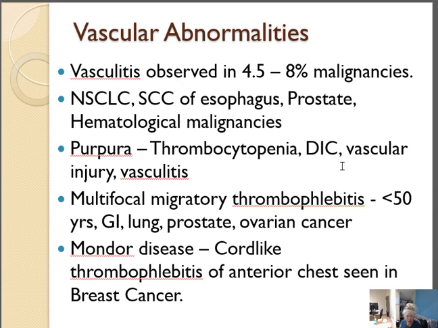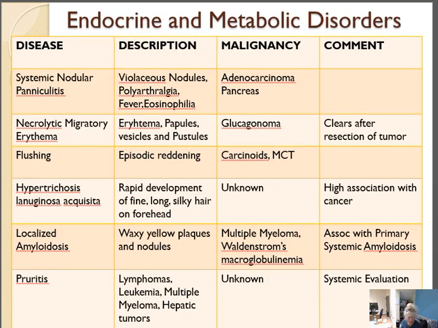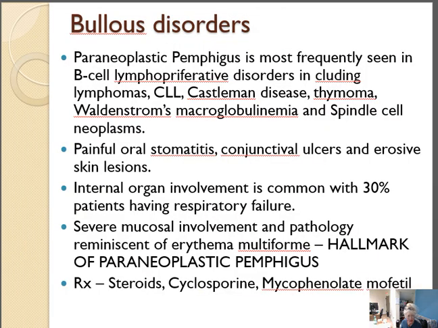Multifocal migratory thrombophlebitis in patients 50 years or under, you think of GI, lung, prostate, and ovarian. Mondor disease, cord-like thrombophlebitis of the anterior chest, is seen in breast cancer. Some of these I've never heard of. Very interesting. Every country has a predominance for certain different types of cancer.